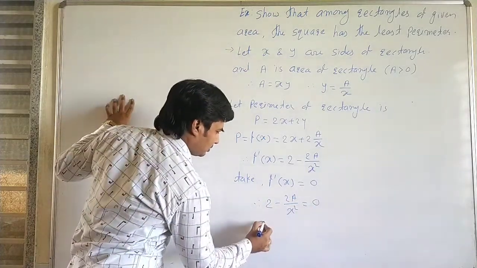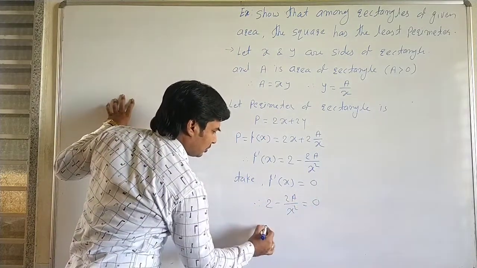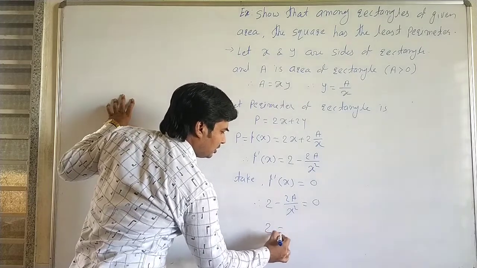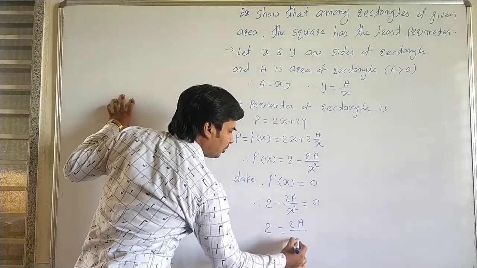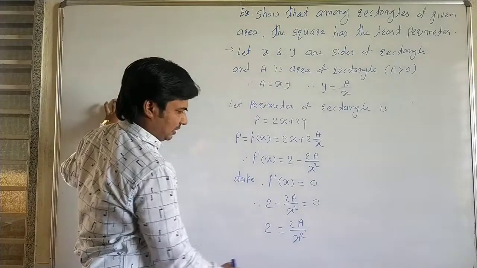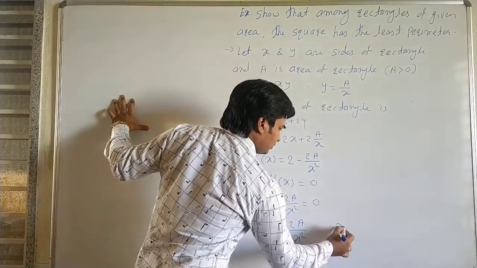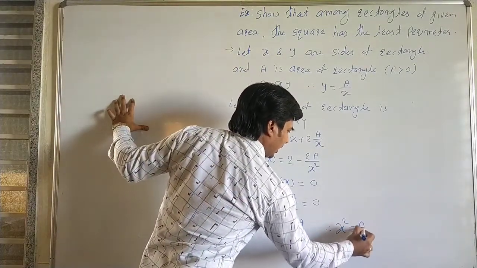Therefore 2 is equal to 2a upon x square, so x square is equal to a.